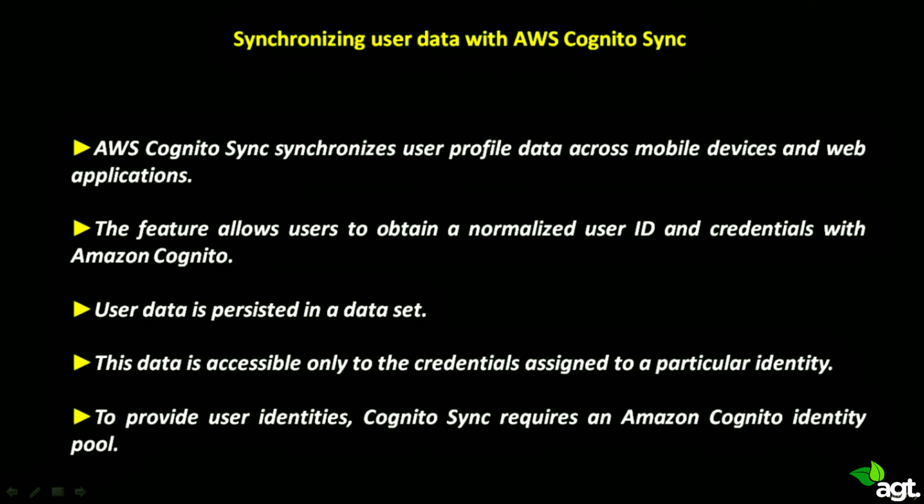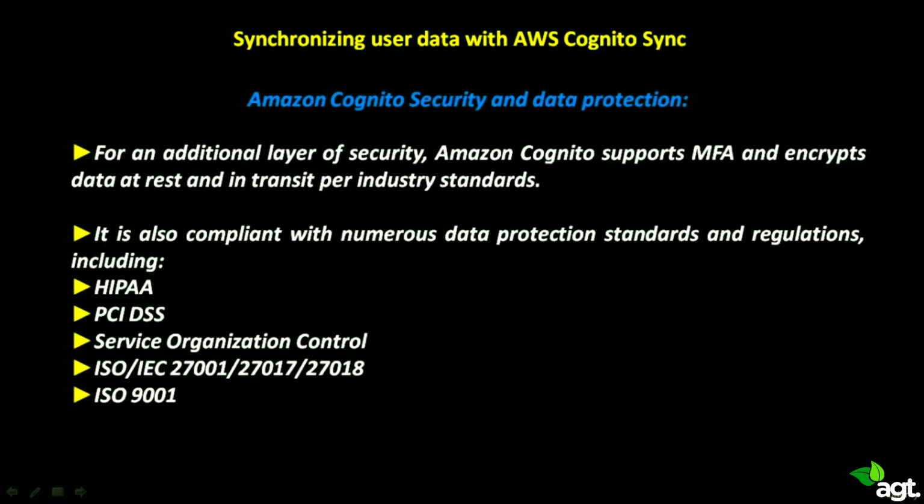The latter makes data available even if a device itself is offline, and user data is persisted in a dataset, and this data is accessible only to the credentials assigned to your particular identity. For private user identities, Cognito Sync requires an Amazon Cognito identity pool, and therefore to use Amazon Cognito Sync, an organization needs to first set up an identity pool.